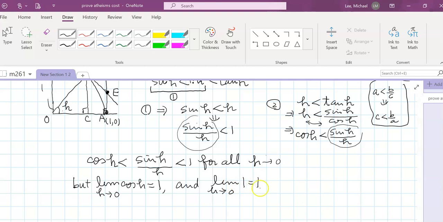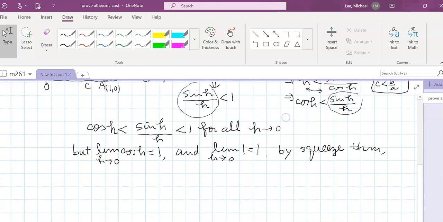This holds for all h approaching 0. So by the squeeze theorem, the limit as h approaches 0 of sine h over h equals 1.